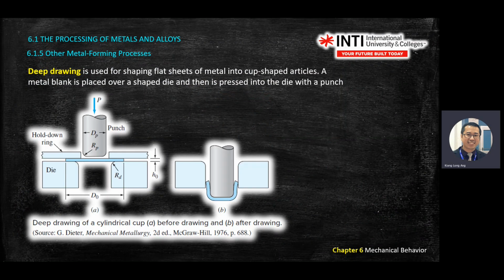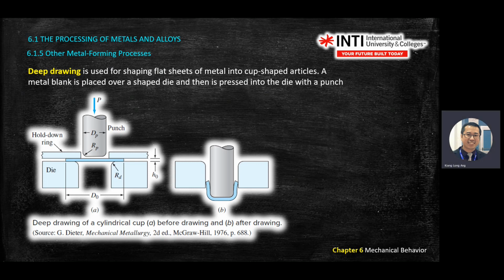Then we have another one called deep drawing. Just now it's wire drawing. Now another process is called deep drawing. As you can see on the diagram here, there is a punch from the top, and then there is like a mold here. You will see this one when you work in a metal stamping company. I worked as a project engineer in precision metal stamping, where we form the outer case of the hard disk.